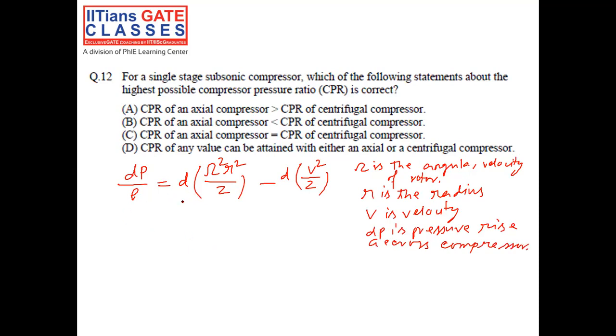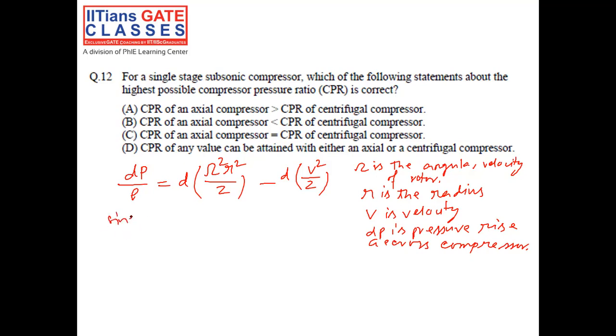Now for axial compressor, this R is constant, whereas in case of centrifugal compressor, this R varies. R is not constant. So in case of axial compressor, this part becomes 0.